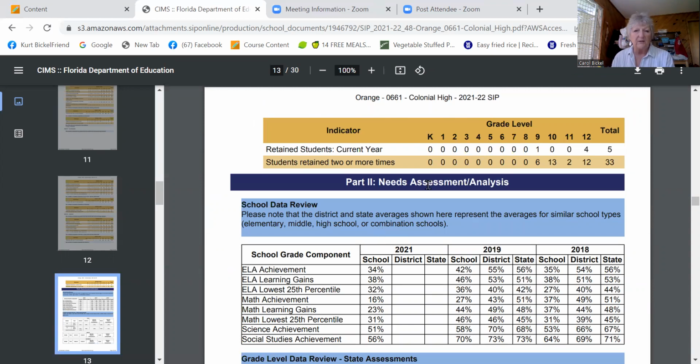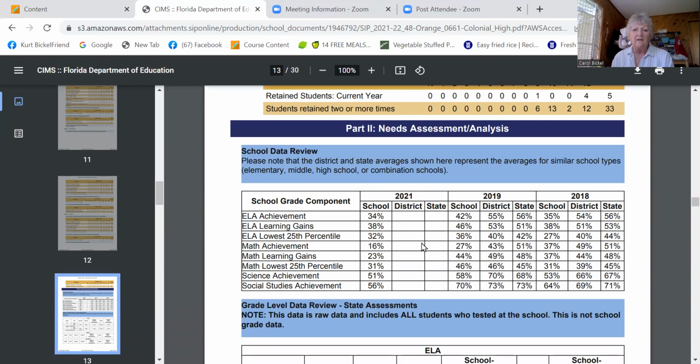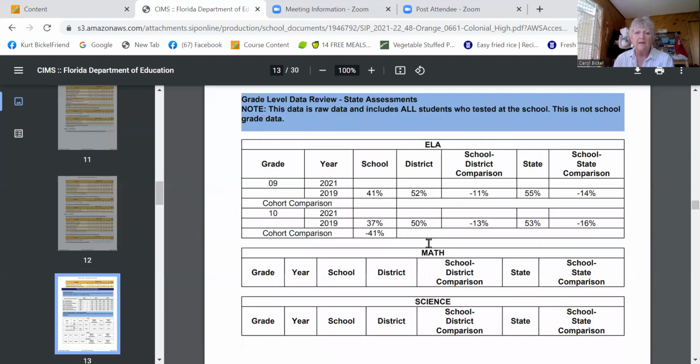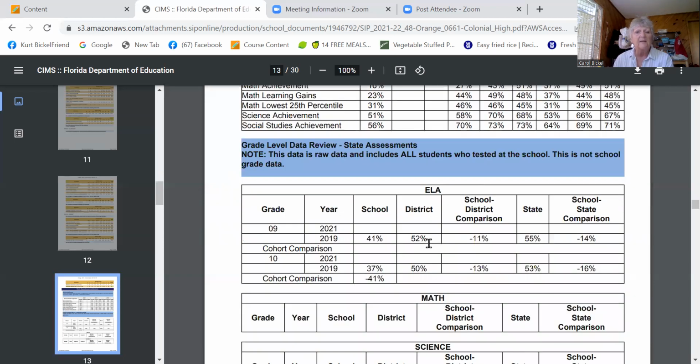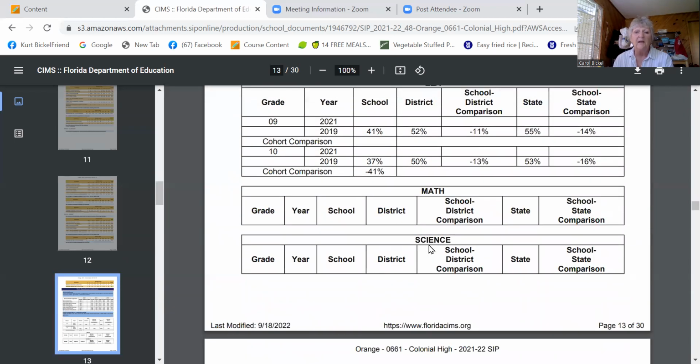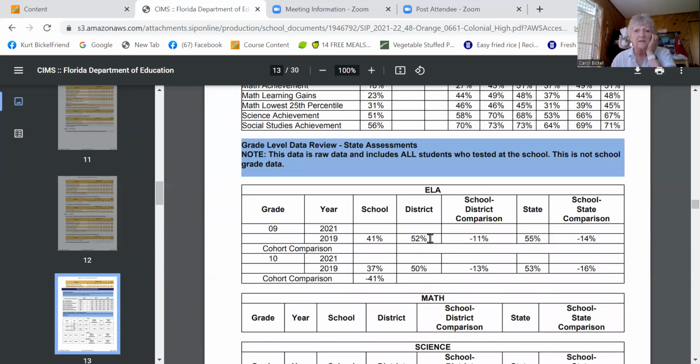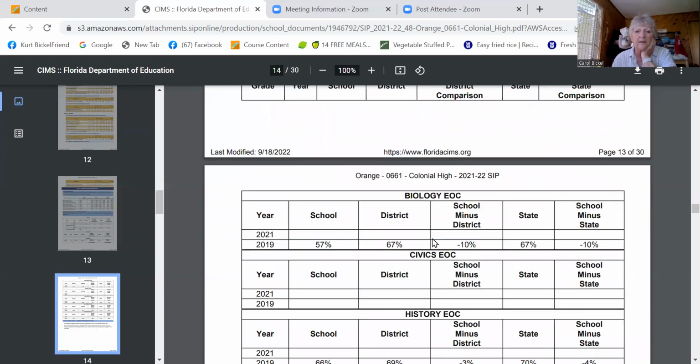It'll go to the previous school years too. Here, it gives you 3 years worth of district, state, and the school you chose, and their percentage. And you can see how the school compares to the district and the state. Here is students with disabilities that I know some of you work with, and also ELA students, English language learners.